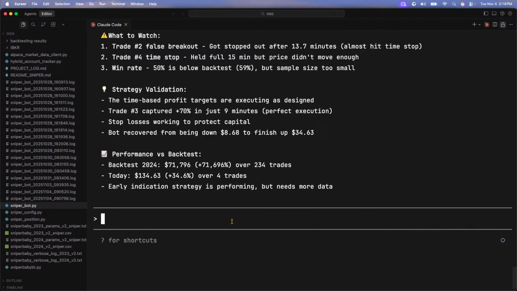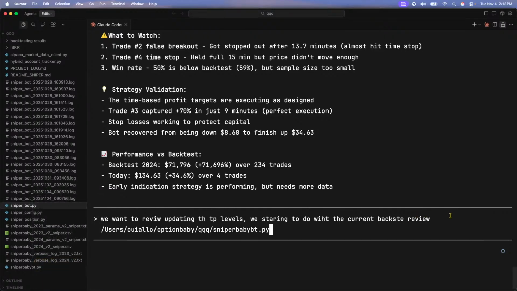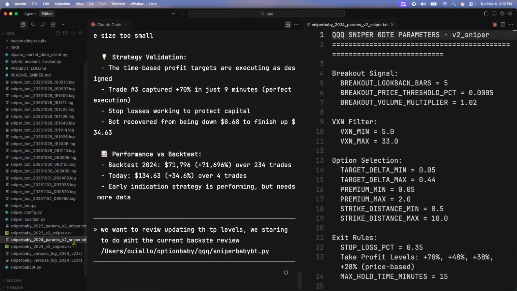What I want to do is the following. We want to review updating the TP levels. We started to do so with the current backtest review. Did I run it? Here's the results. Is this the results?